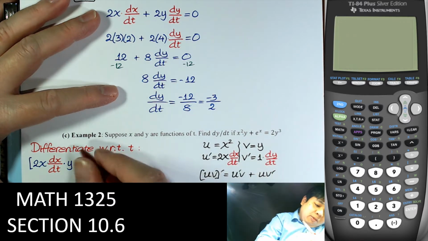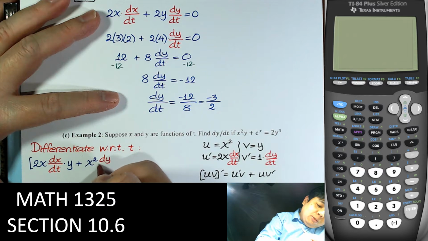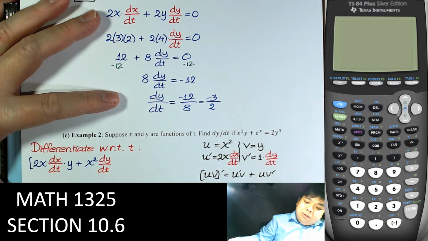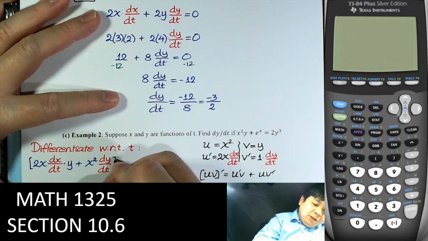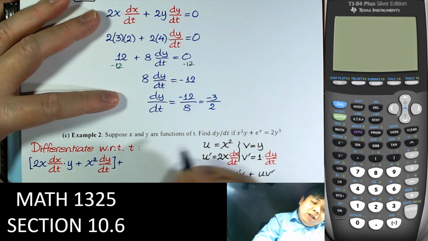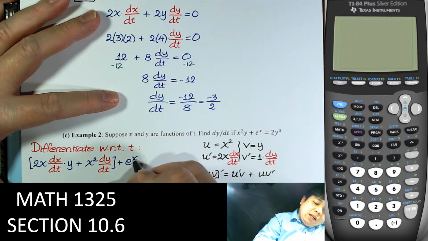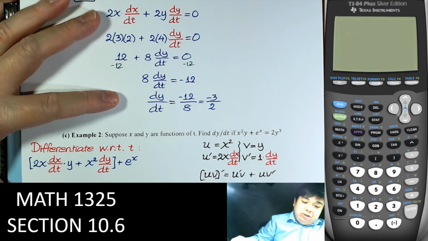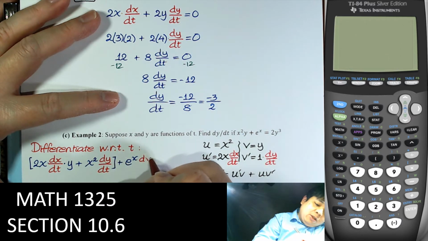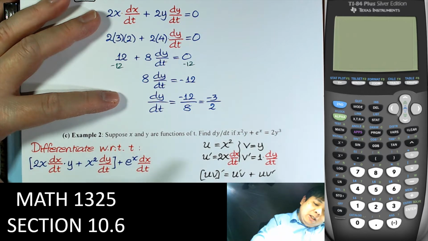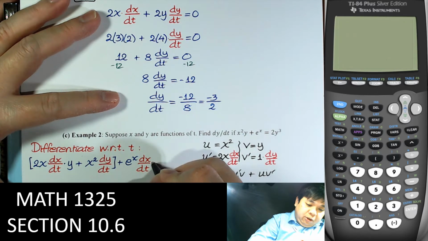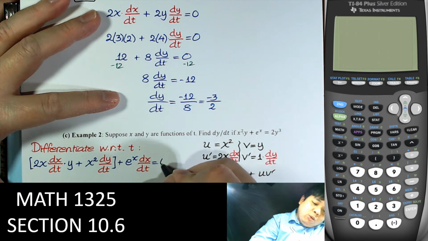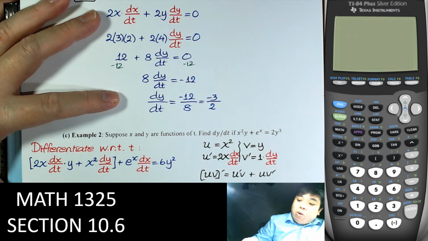The derivative of e to the x is still e to the x. However, x is a function of t, so we have dx over dt. And the derivative of 2y cubed will be 6y squared, but once again y is a function of t.